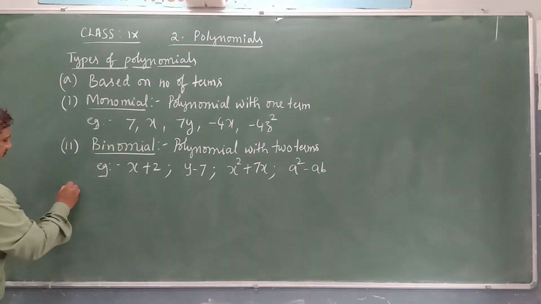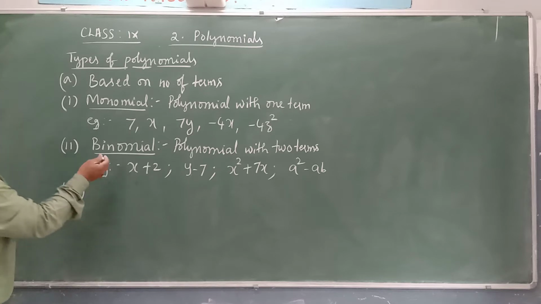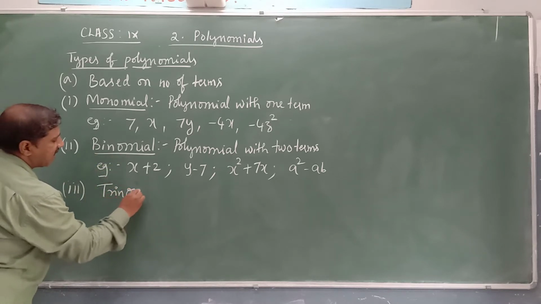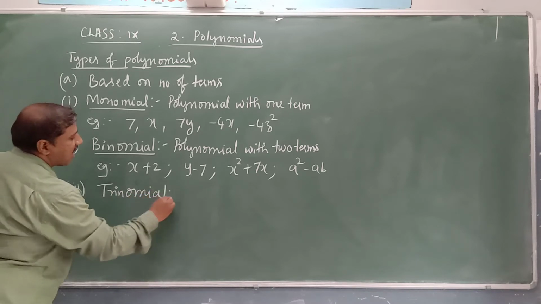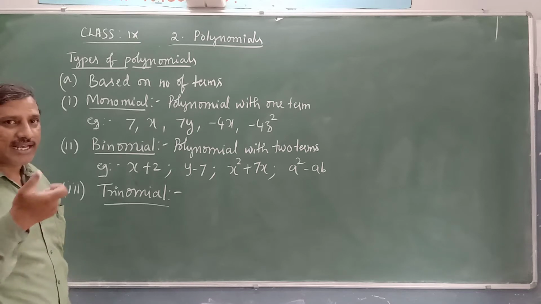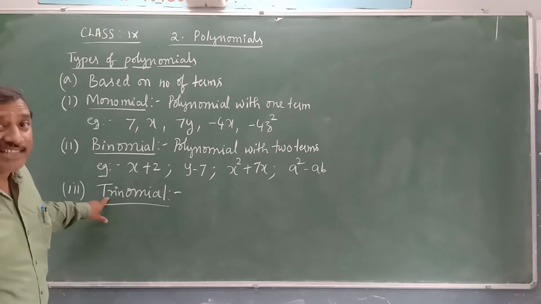Now the third type of polynomials: three terms are there. Trinomial. See the word triangle. What is a triangle? A polygon with three sides is known as a triangle. So tri means 3.